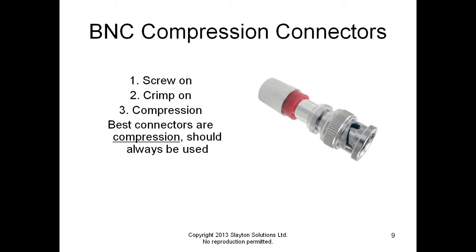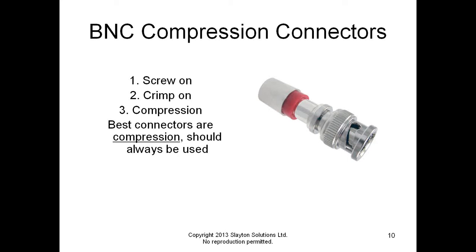Now, there are a variety of different kinds of BNC connectors. There are cheap ones and there are good ones. The cheap ones are the kind that you screw on or crimp on. The good ones are the compression connectors. Smart alarm and security installation companies will use the compression connectors. They're not inexpensive.